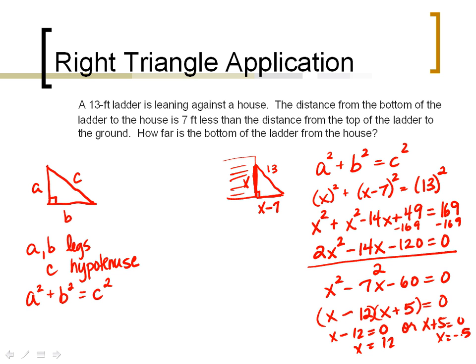Since we're in the context of a real-life application, we can't have a negative value for x because we can't have a negative length to the side of a triangle. So that means x is 12. So 12 is the distance from the ground to the top of the ladder, but the distance from the house to the bottom of the ladder is 12 minus 7, or 5 feet.